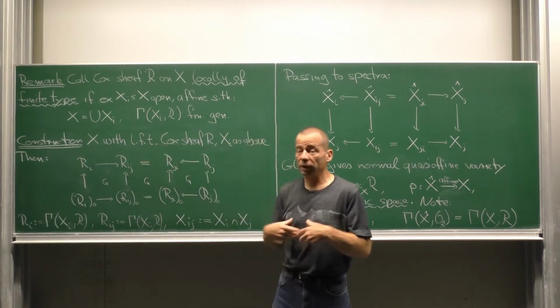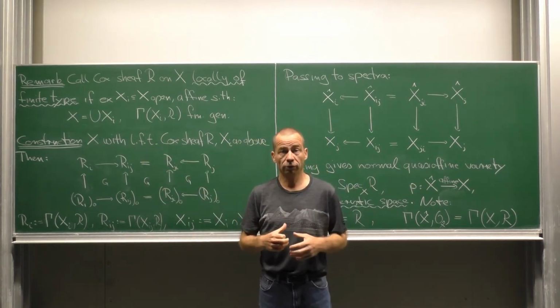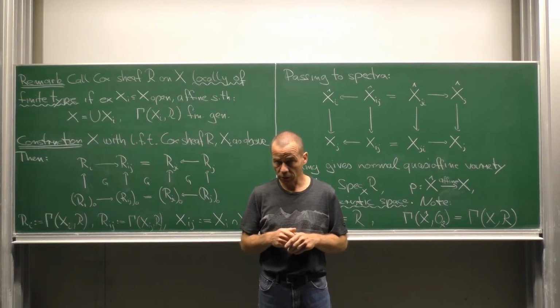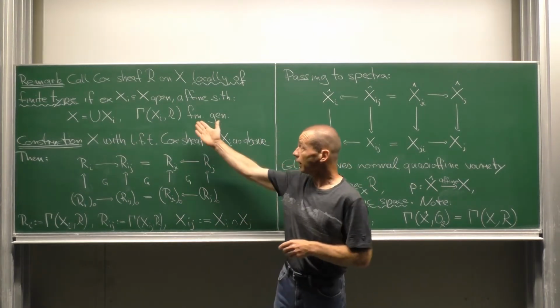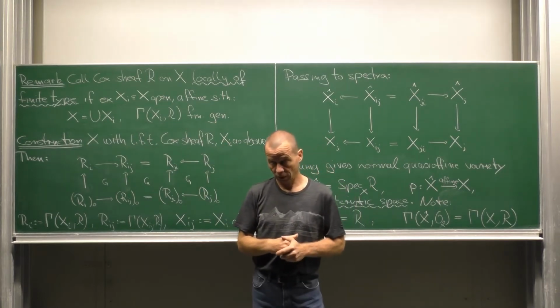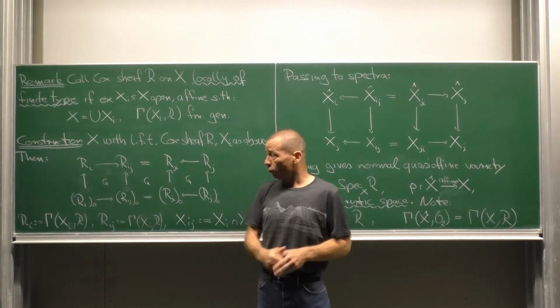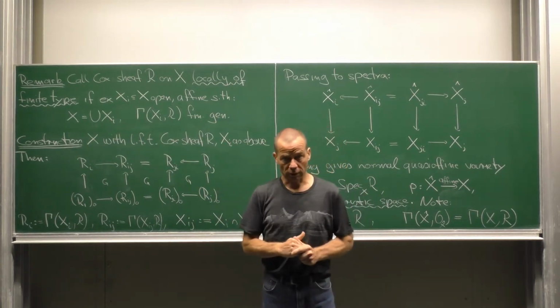So let X be a variety with Cox sheaf locally of finite type, and cover X by open affines Xi as above. Then we aim for a big commutative diagram.